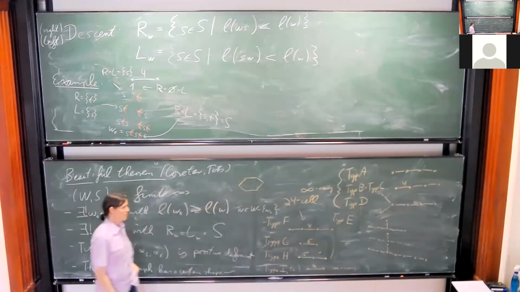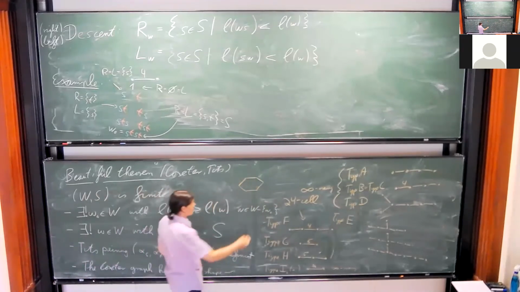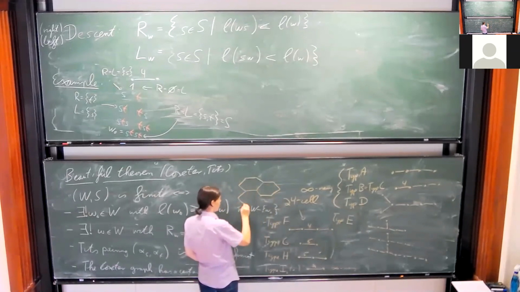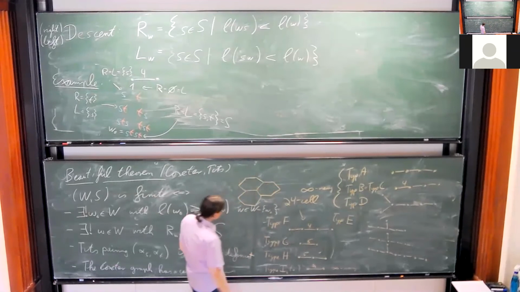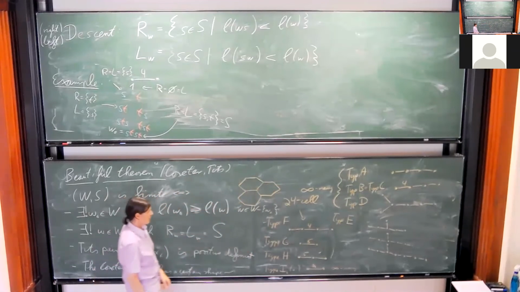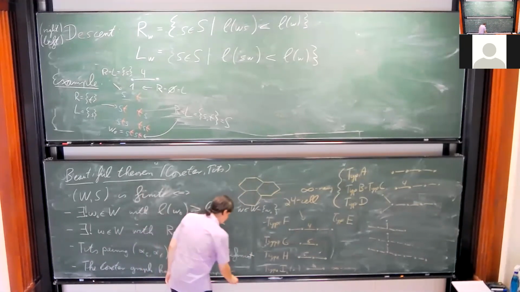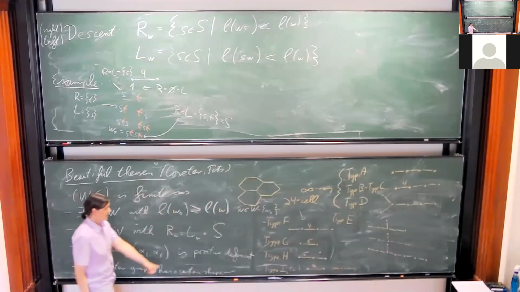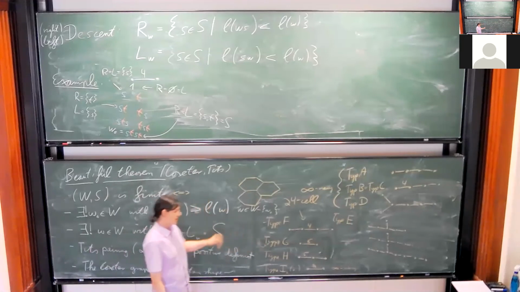With the hexagon you can actually tile the plane. I can go on forever with honeycomb things, and you will get a tiling of the plane. The pentagon doesn't. The heptagon also doesn't, but the hexagon does. That's why this guy plays a special role. That's what we see next time.